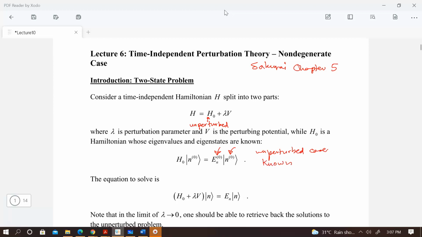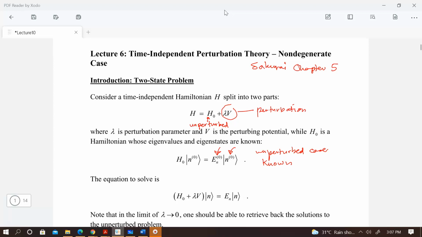Okay, the one that makes the problem slightly more difficult is a term over here, which is considered as a perturbation to the H naught that we had earlier.